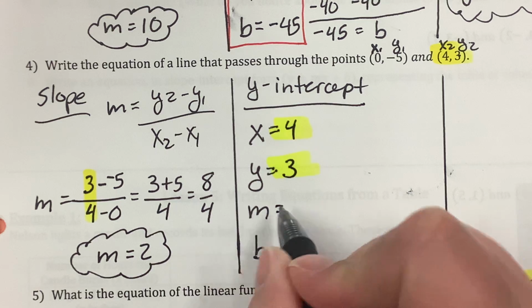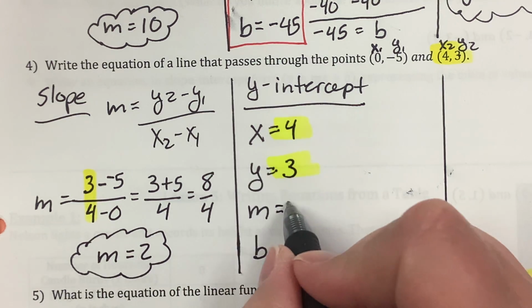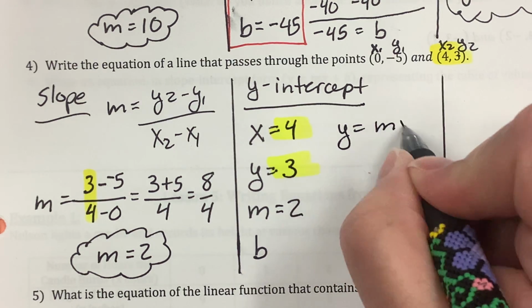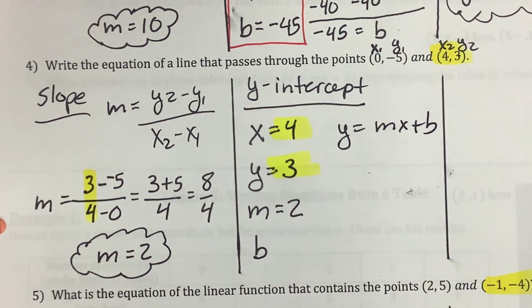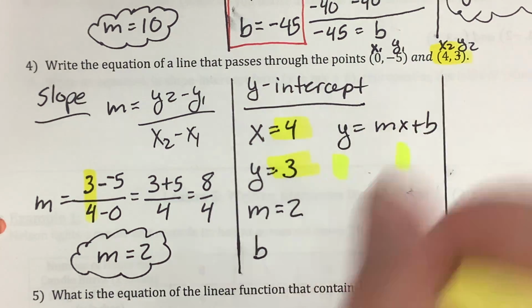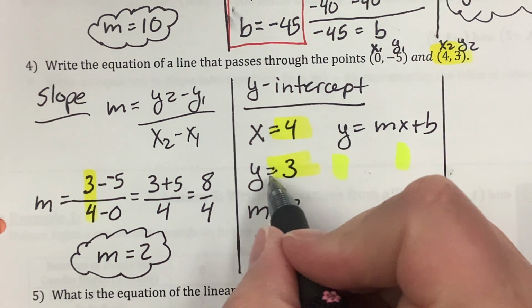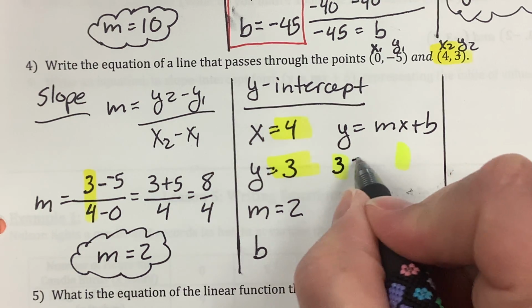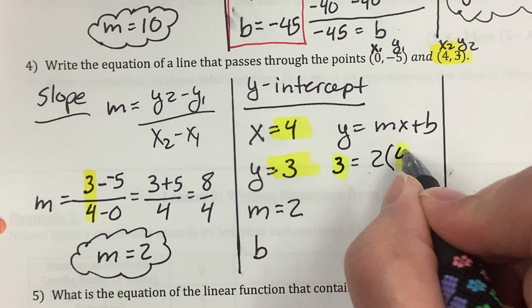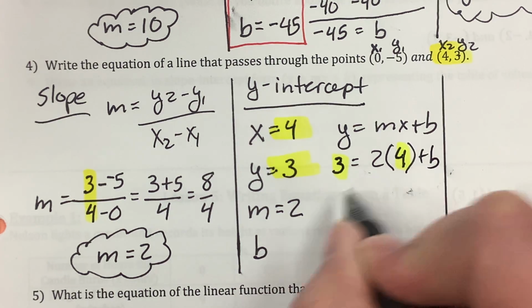And m, I get from over here, it's positive 2. So y equals mx plus b. Remember, you're using the highlighted y and the highlighted x. So my y is 3 equals m is 2 times x is 4 plus b.